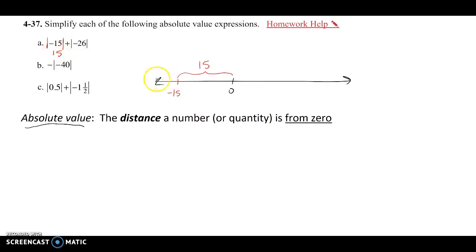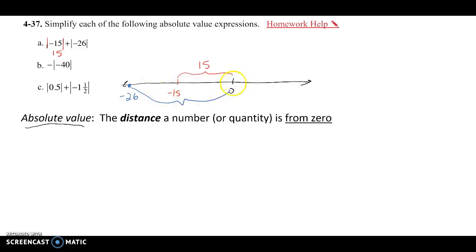Plus, and then negative, oh, I should have made this line a little bit bigger. And here's negative 26 right here. And we're talking about how far away is negative 26 from 0.